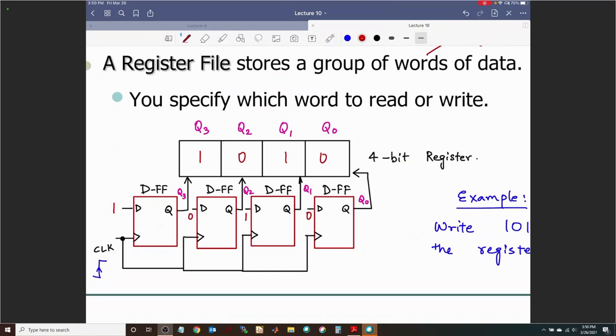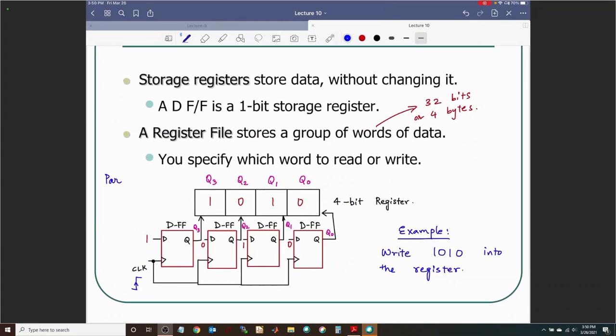This is what we call a parallel load operation. You can also call it parallel in. The reason is we have loaded things into the 4-bit register all at once, not one by one. If we were doing one by one, we would have called it serial load or serial in.